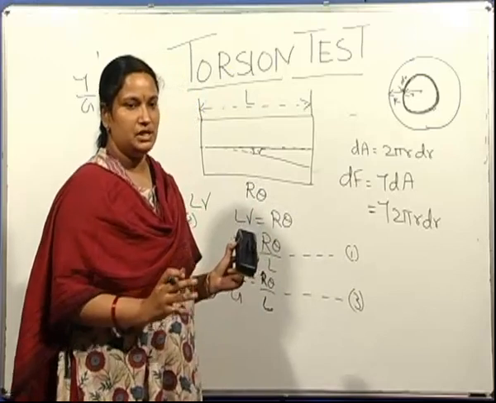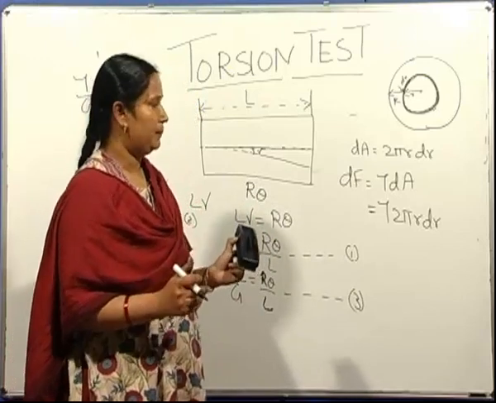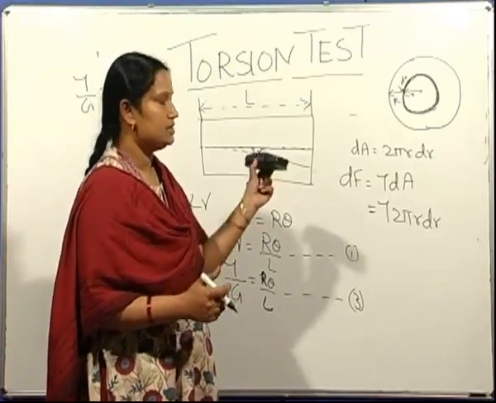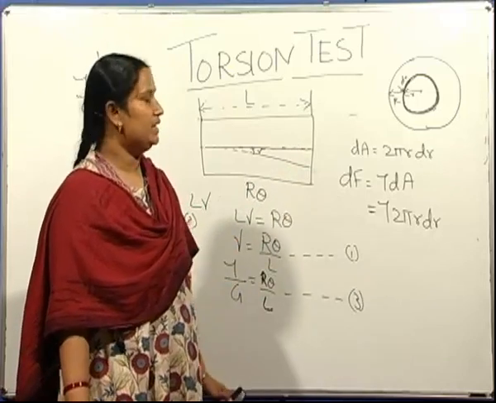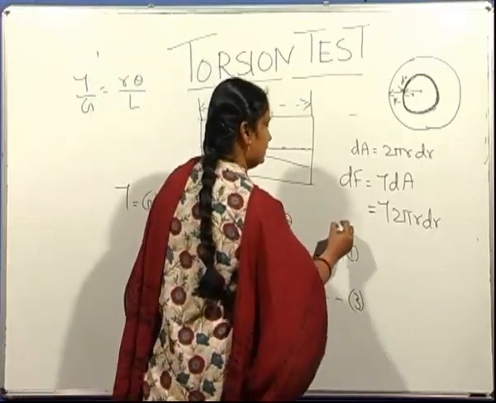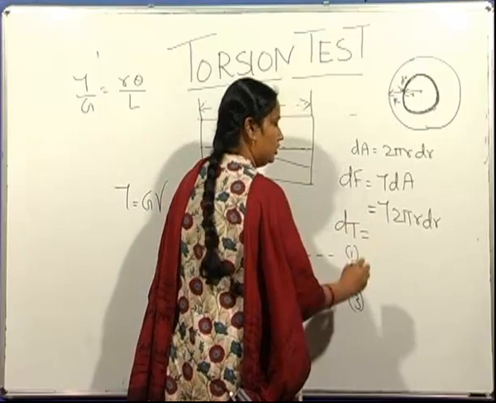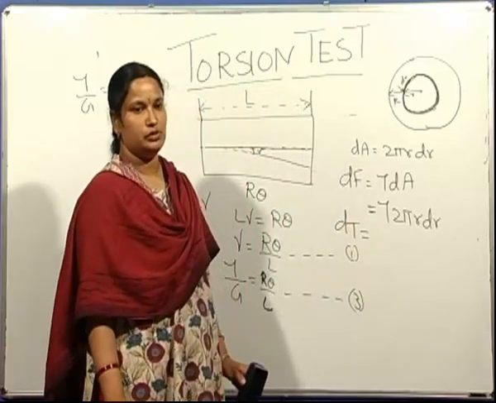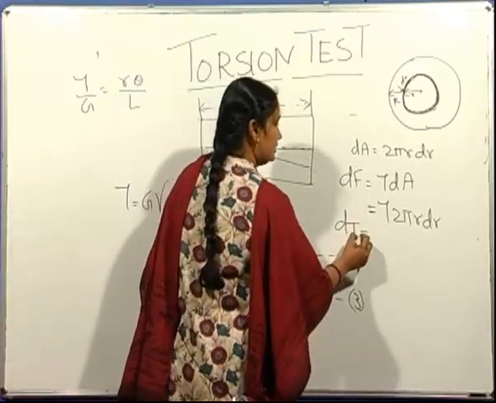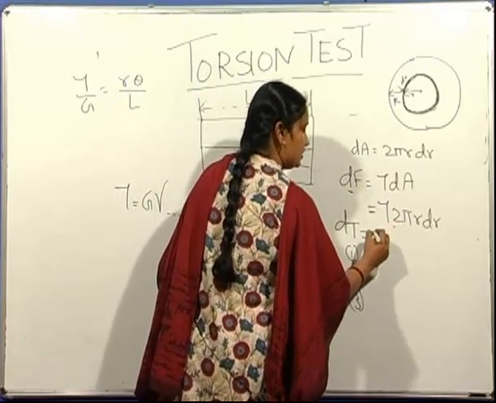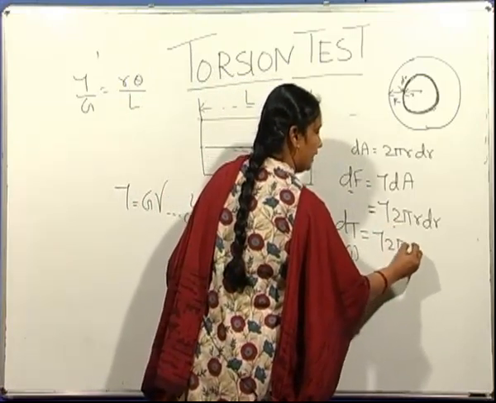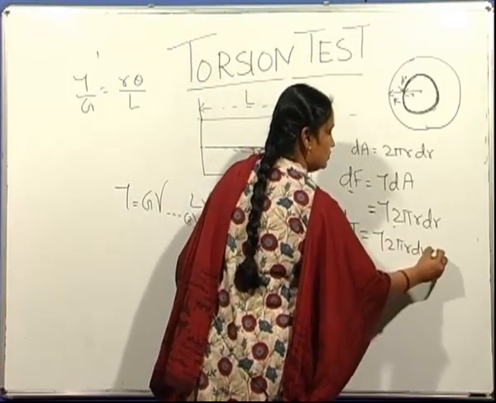When twisting moment or torque is applied, the torque on this elemental ring is dT. Torque is equal to force into distance. Force is given by tau into 2 pi r dr, into small r.